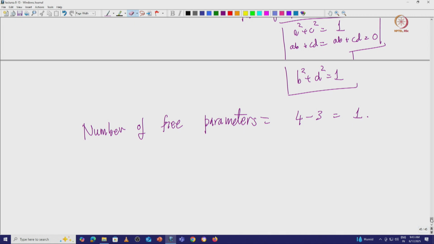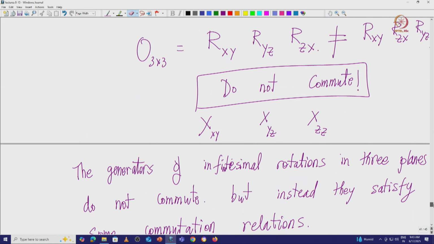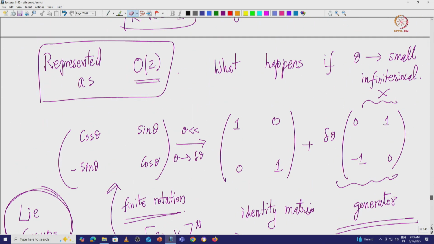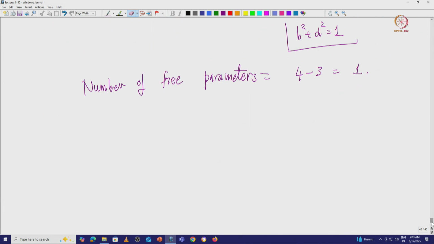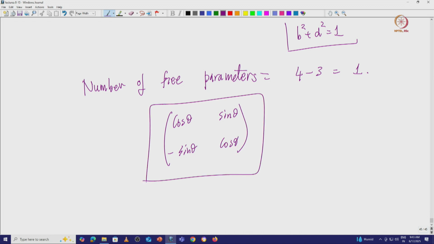What is this parameter? This parameter is nothing but theta. Okay, this is an orthogonal group. So, you have this theta. That is the reason you can only have one free parameter, which is why you have cos theta, sin theta, minus sin theta, cos theta. So, this is called O2.